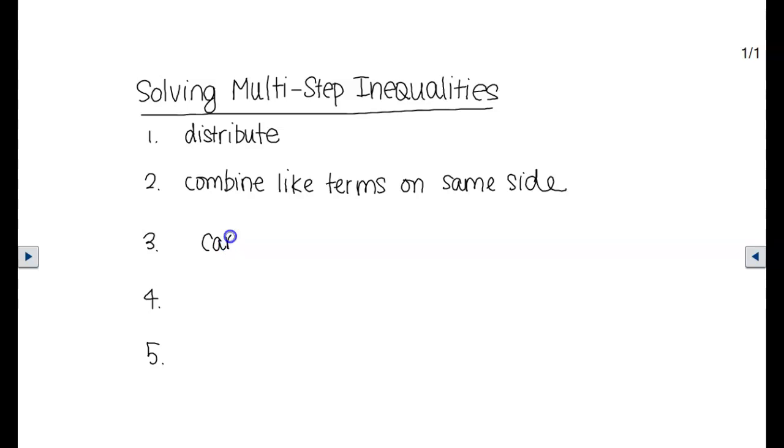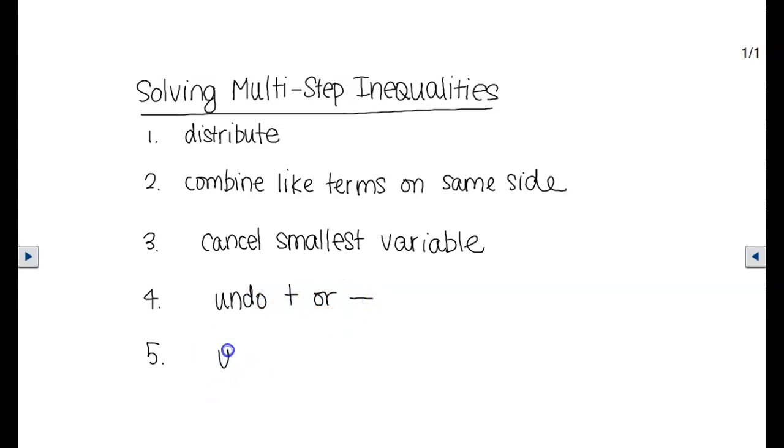Then you cancel the smallest variable. Then you undo adding or subtracting. And last, you undo multiplying or dividing.